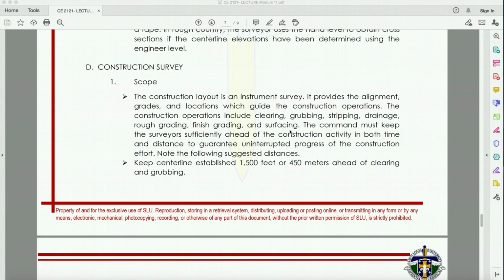So, kumbaga, we are already conditioning yung location kung saan natin gagawin yung kalsada. Okay? Take note, all of these are part of the pre-construction.